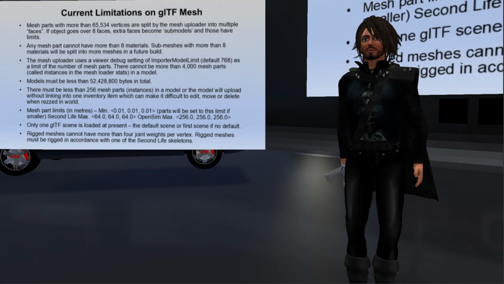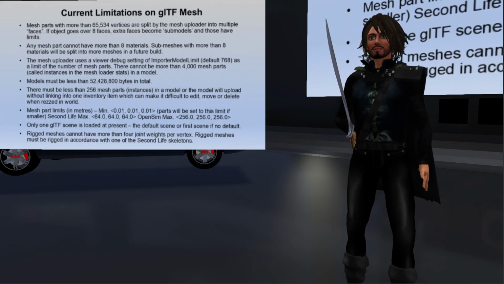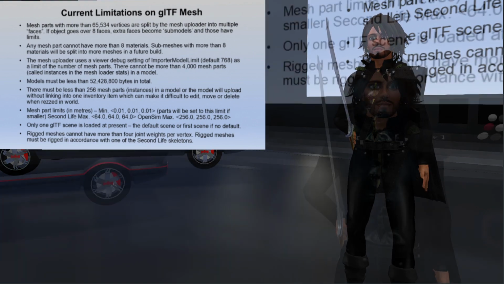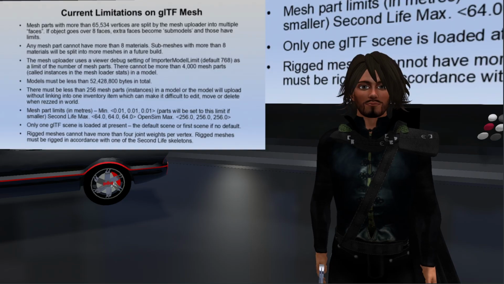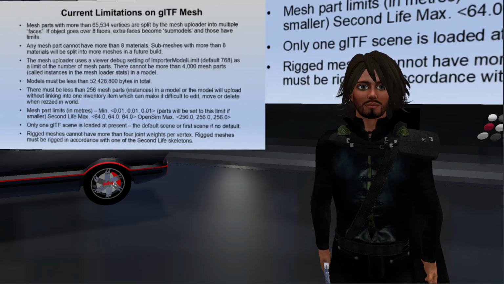If it doesn't import, then the trick is to bring it in with bounding box, which I've found always works with all the glTF meshes I've ever tried, and then make a separate physics model which is much simpler, that matches what you want as the colliding box. And you can sometimes do that just by using prim-based builds in world and attaching it to the model, just making it invisible.